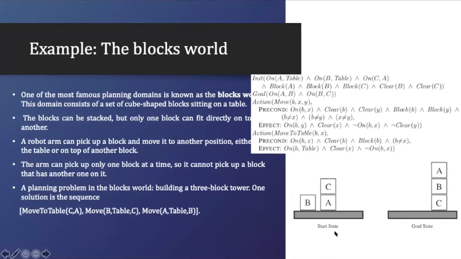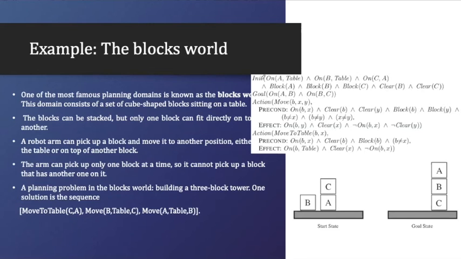The starting state is that there are three cubes, B, A, and C. B and A are on the table, and C is on A. The goal is that B is on C and A is on B. This is how we read it: A on B, B on C.